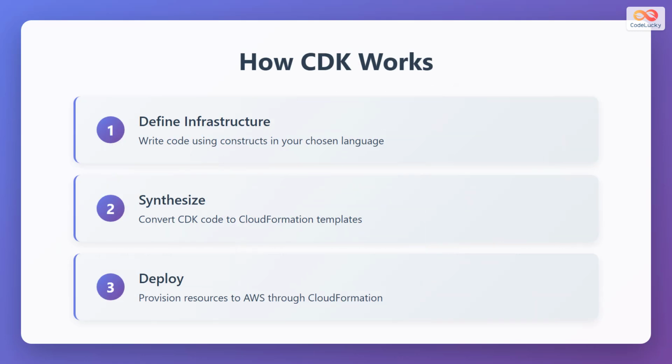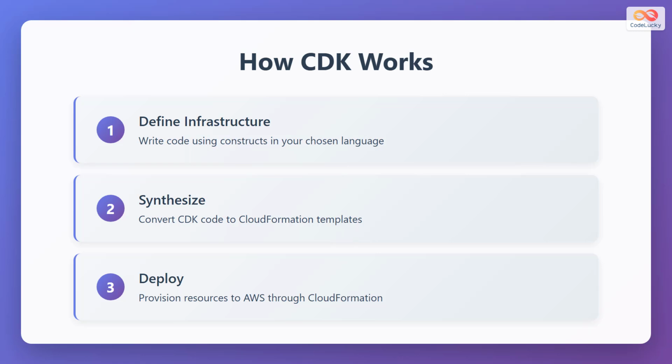Understanding how CDK works helps you use it effectively. The workflow has 3 main steps. Step 1, you define your infrastructure by writing code using constructs in your chosen programming language. This code describes what resources you need and how they should be configured. Step 2, you synthesize your code, which means CDK compiles it and converts it into CloudFormation templates.